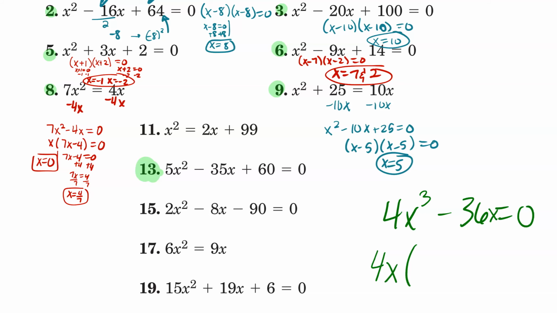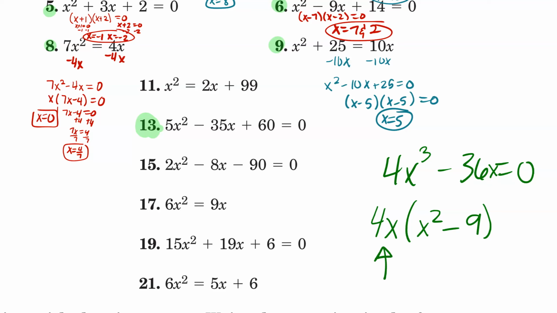If you pull out a 4x, you're left with x squared minus 9. So that was testing you on pulling out a greatest common factor and then having a difference of squares. Technically, it was a coefficient other than 1, but it was to make you go through the order properly.